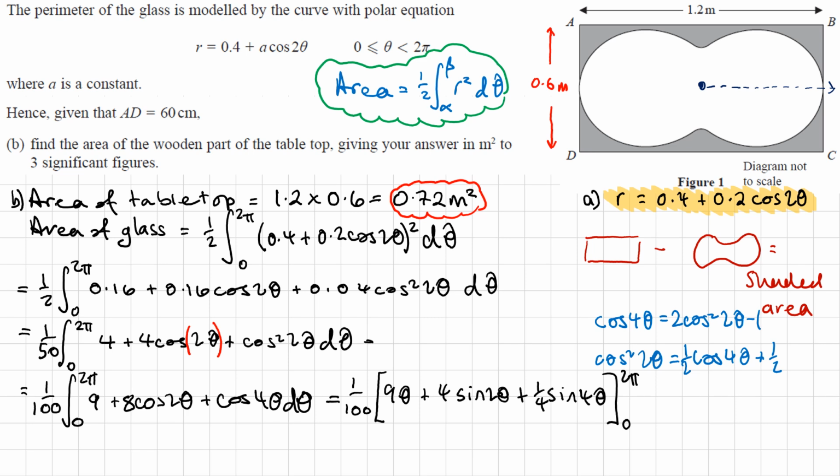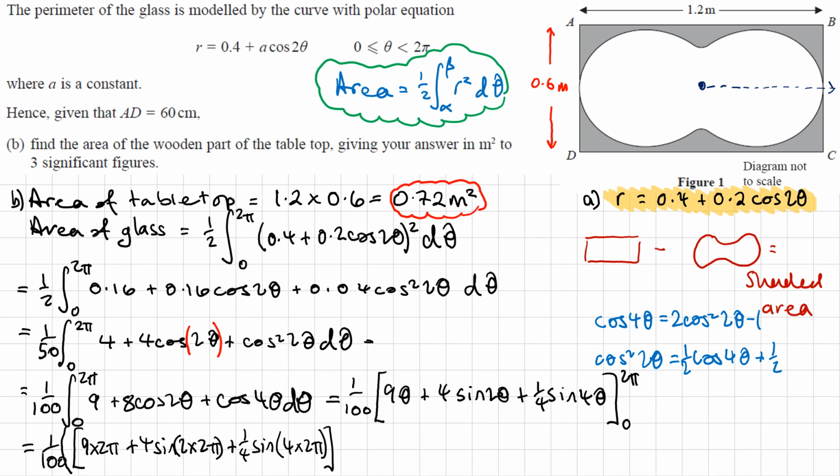So I'm now ready to put the limits in. So 1 over 100. And if I put the 2 pi in, so I'm going to have 9 times by 2 pi plus 4 sine 2 times by 2 pi, and then plus a quarter sine 4 times by 2 pi. And then I'm going to subtract, I'm going to need another set of brackets here.